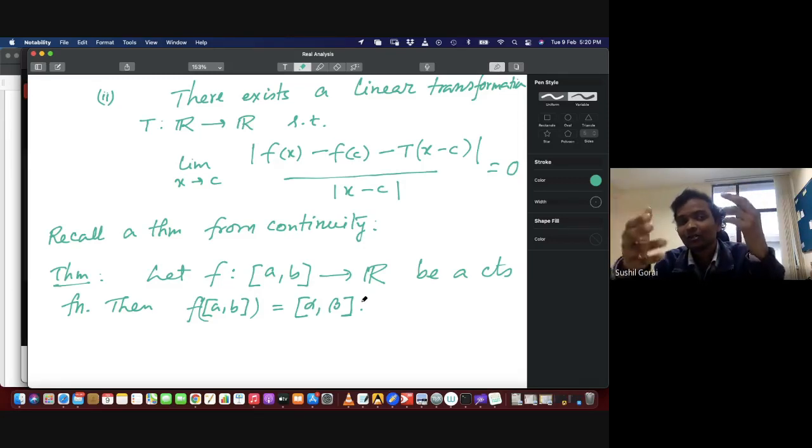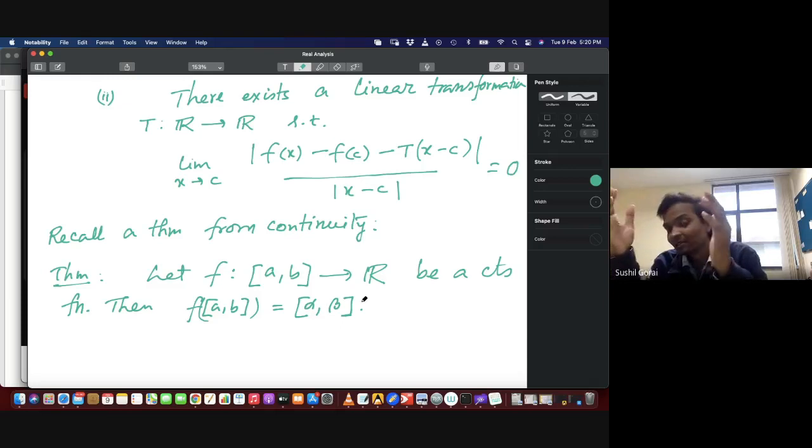Those two are generalizations of this theorem. Here both are combined. You take a closed interval in R and you get a closed interval in R. An open interval can go to a closed interval, but a closed interval cannot go to an open interval because of compactness. All right?